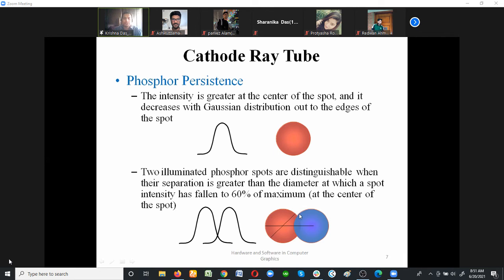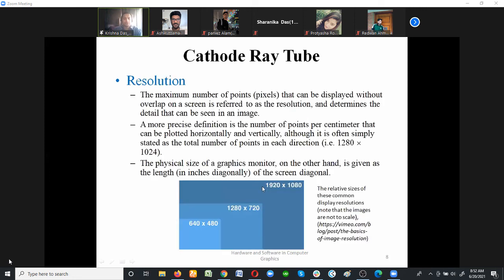Another condition is that their intersecting point has to be in a place where the intensity is not more than 60%. If it is more than 60%, then there is a chance of overlapping, or of one spot getting close to another. If it is 60% or less, then there is a considerable distance between them, so that we can identify the two spots. Right? That is another point we discussed.